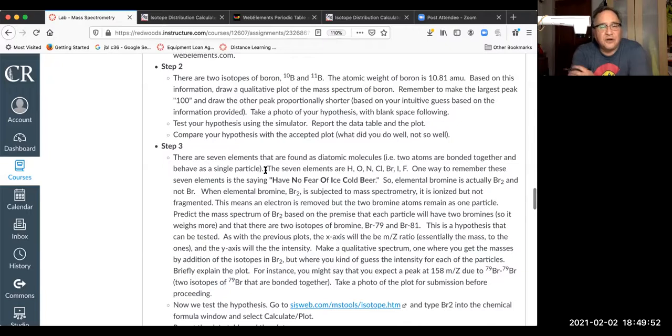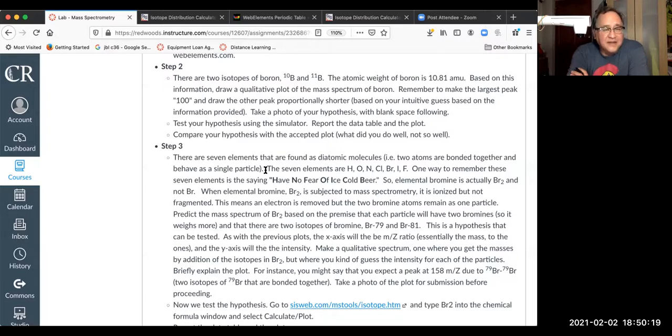Step 2, there are 2 isotopes of boron. Boron 10 is the way we'd say that, and boron 11. Boron 10 has 10 nucleons. Boron 11 has 11 nucleons. Each nucleon weighs 1.00, so boron 10 weighs 10.0 atomic mass units.